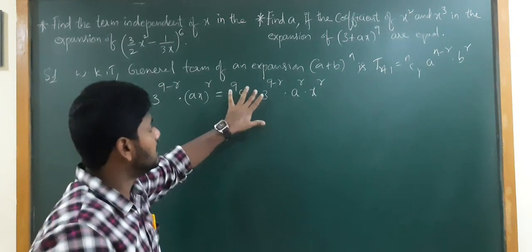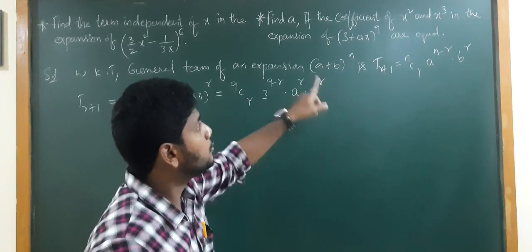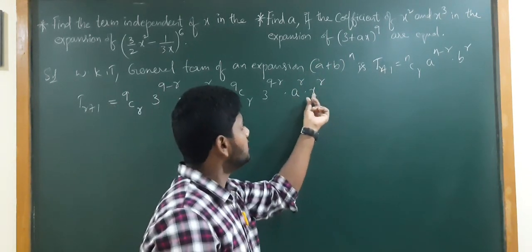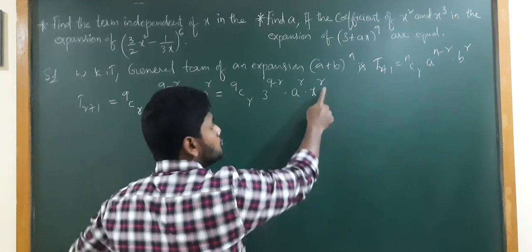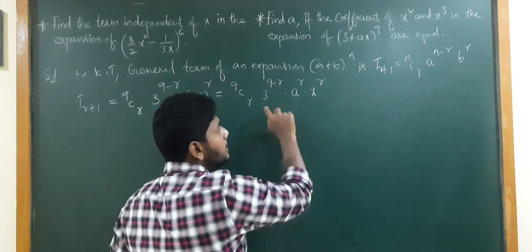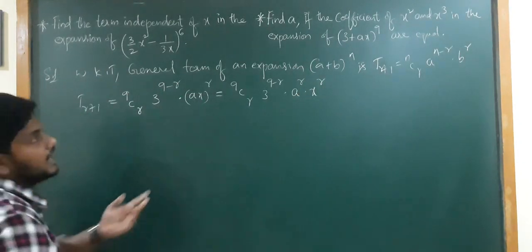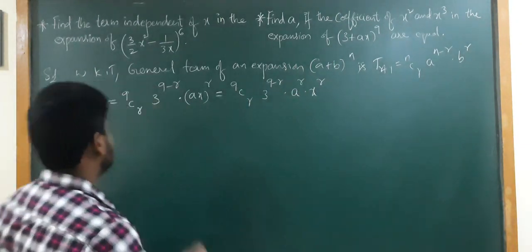Now by observing this general term, we can easily identify those. To find the quotient of x square, first x square should be there. If it should be x square, what should r be? r should be 2. And again, if it should be x cube, what should r be? r should be equal to 3.